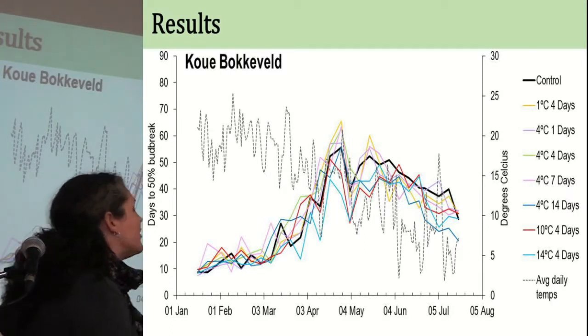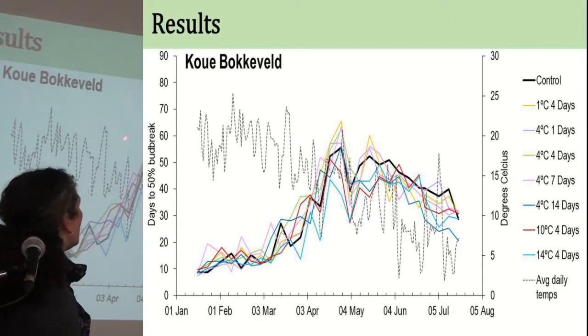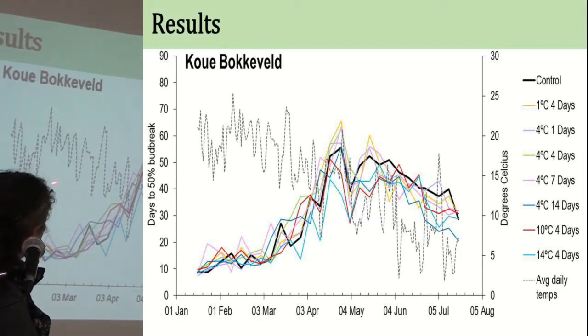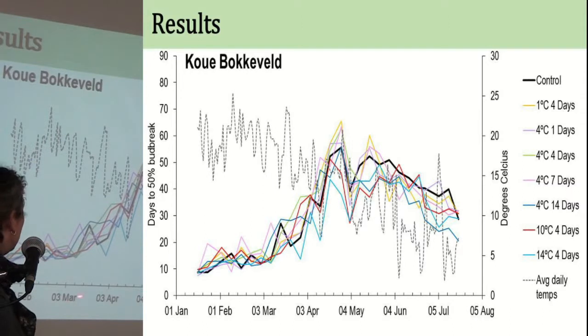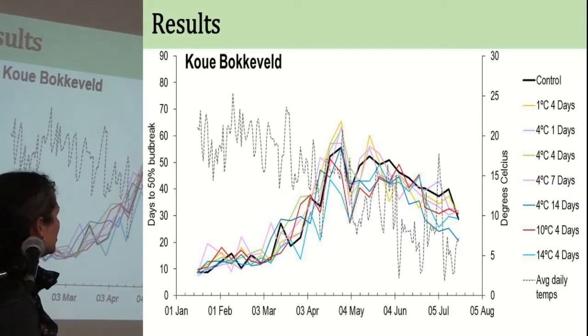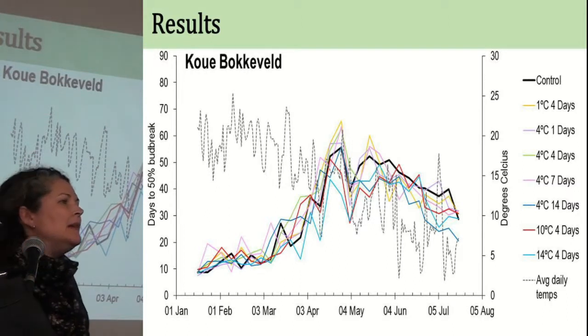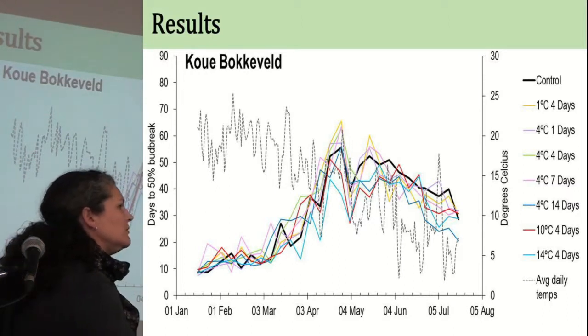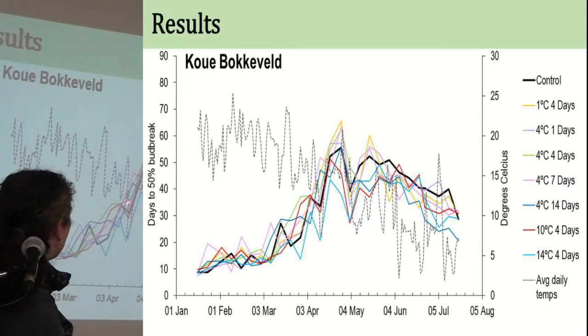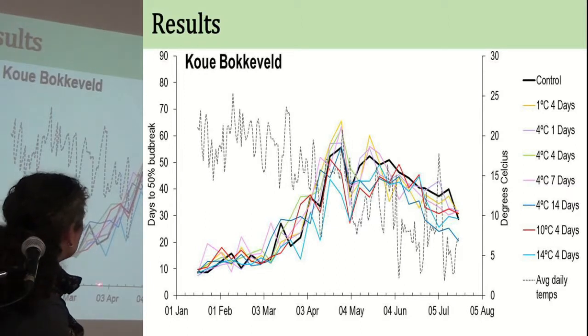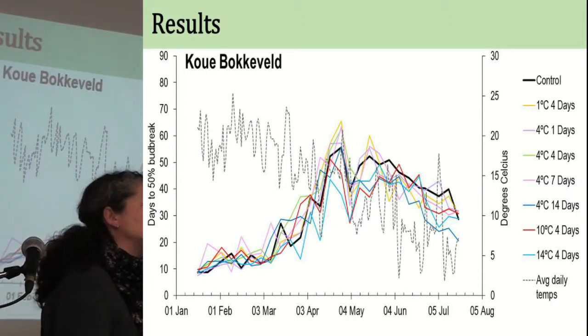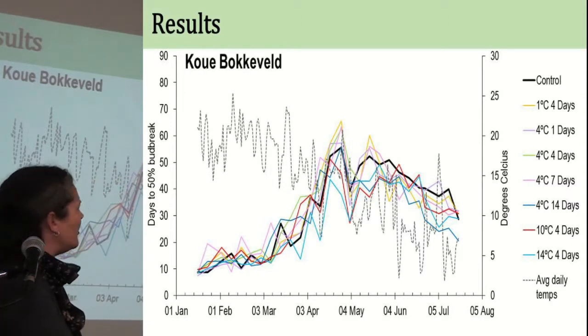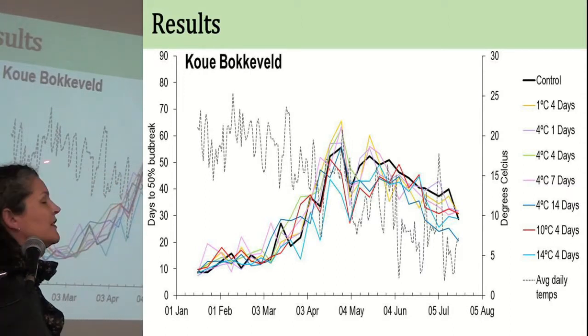To take home from this would be that in a cold area, you can see that during this induction period, the different additional cold treatments behaved quite similarly to the actual control, the black line. There were some changes, but in general the behavior was the same, meaning that in a cold area, there's little sensitivity to cold in autumn.